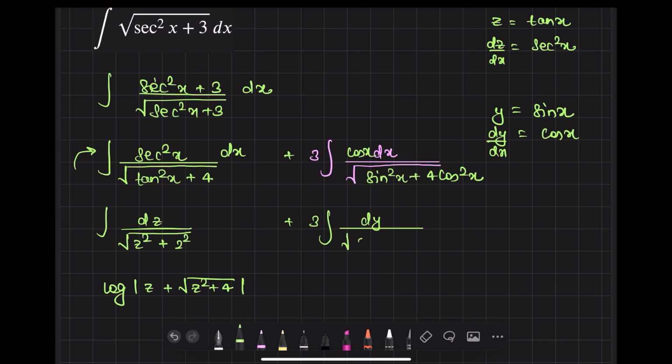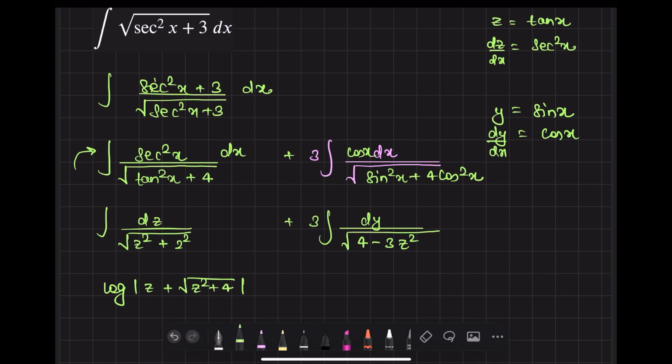So can I write 4 minus 3 times sine square x on the denominator, and you have taken sine x as z. So it could be 3z square. Just tell me, is this right or wrong?